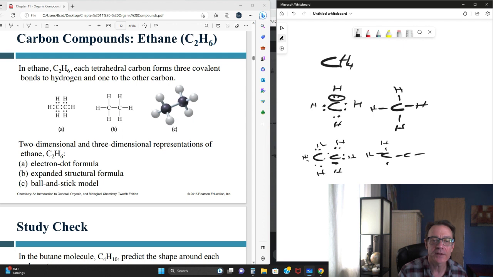Carbon always is filling up its valence shell with 4 bonds, right? 1, 2, 3, 4. 1, 2, 3, and 4. Okay? And let's see. Get rid of all of those messy numbers. There we go. Oh, one more. And then a ball and stick model, of course.